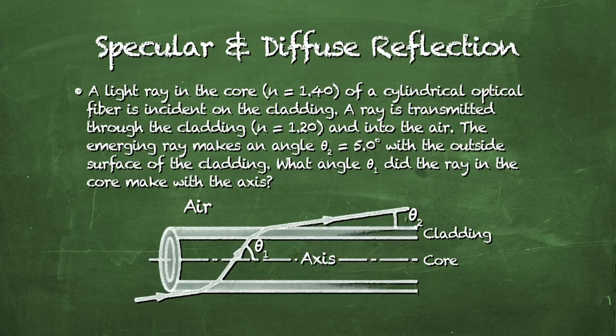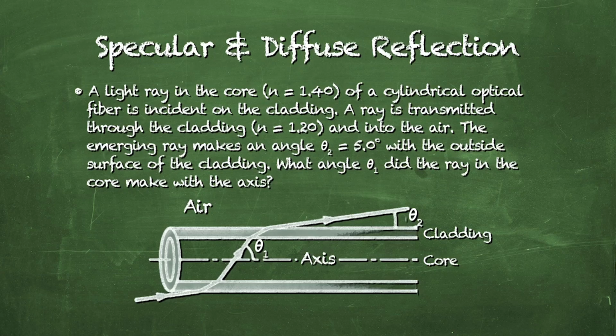What angle, theta 1, did the ray in the core make with the axis? The index of refraction in the core is 1.4. The index of refraction in the cladding is 1.2. And the index of refraction in air is 1.00.